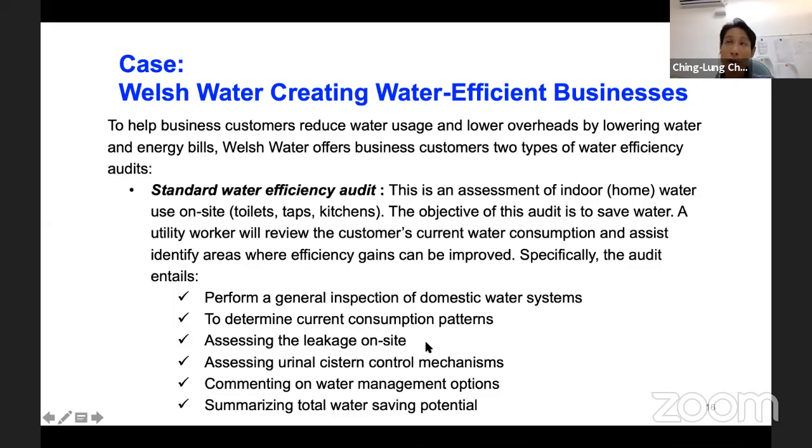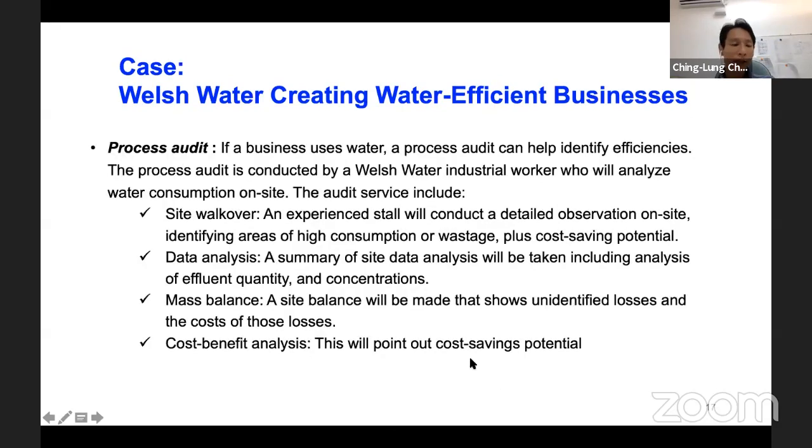So they try to find out which equipment is leaking water. Then assessing the control mechanisms, commenting on water management options, and summarizing total water saving potential.